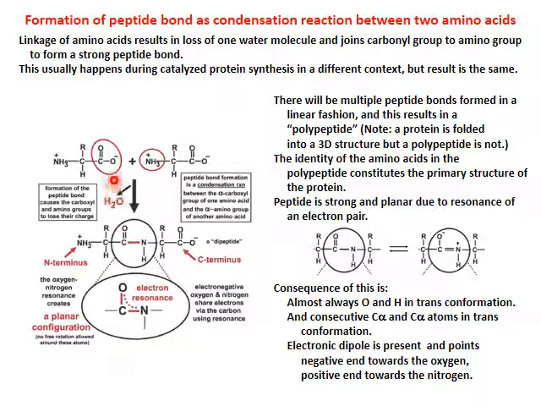And so in terms of amino acids, we basically combine the alpha carboxylic acid group of one amino acid to the alpha amino group of another amino acid to form this amide bond, this covalent linkage. And this is called a peptide bond. It's an amide bond. As a result, if you look at the atoms involved, we're losing an oxygen off of the carbonyl carbon and replacing it with a nitrogen of the other amino acid.